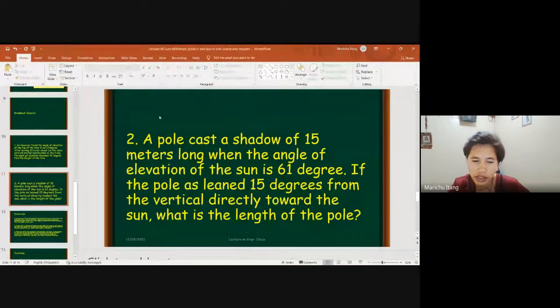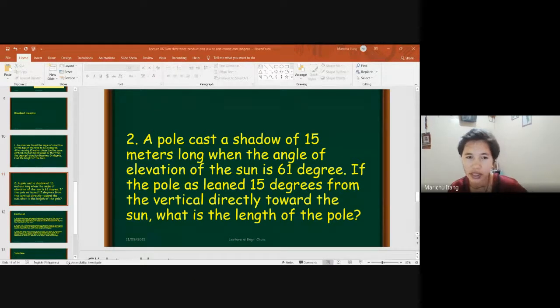Take a screenshot of this problem and we are going to solve this one after 5 minutes. Solidor, Malut, can you open your mic, please? Take a screenshot of this problem and discuss it with your classmates.